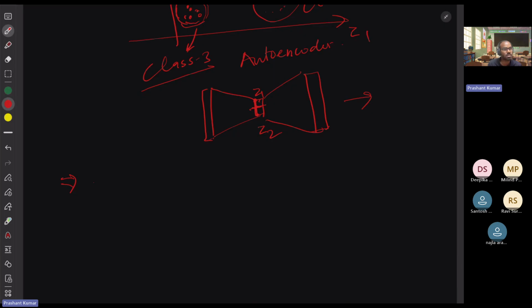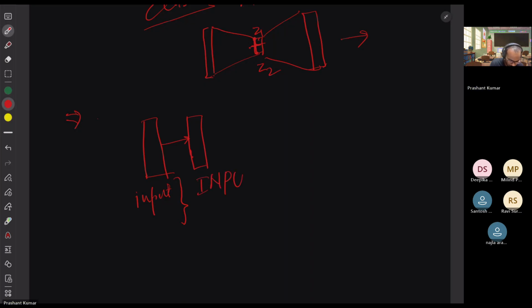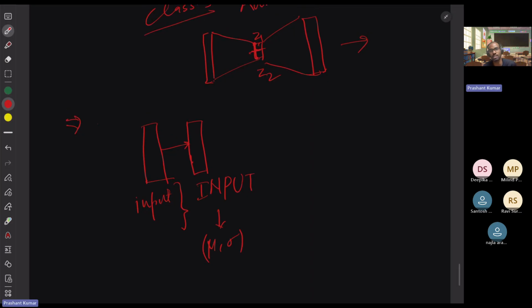So what we are going to do is give the network a transformed input that will have a mu and sigma which do not change with the input.